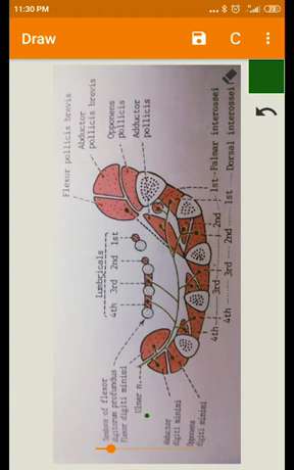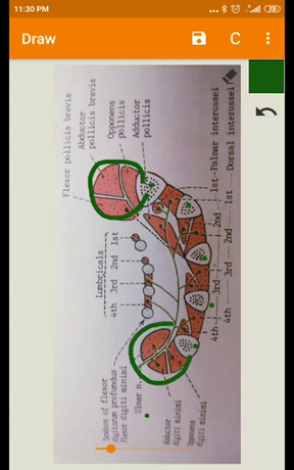Here you can see the metacarpals, the first, second, third, fourth and fifth metacarpals. Above the first metacarpal you have the thenar muscles, and here you will have the hypothenar muscles.